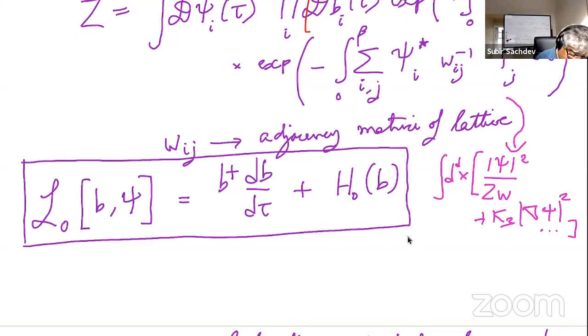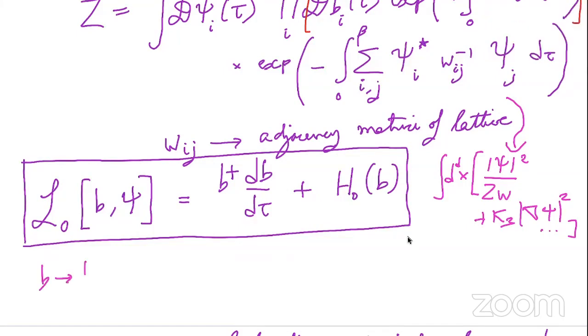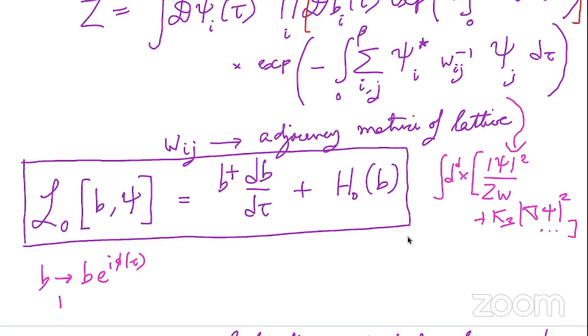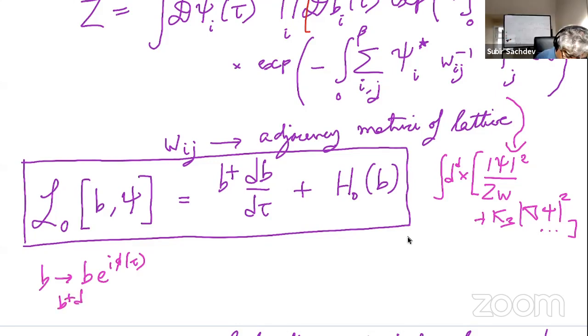So if I now rotate by some phase, which is a function of time, then if B goes to B times e to the i phi, where phi is a function of tau, and you just plug this in here, then you will find that B dagger dB d tau will pick up a term.